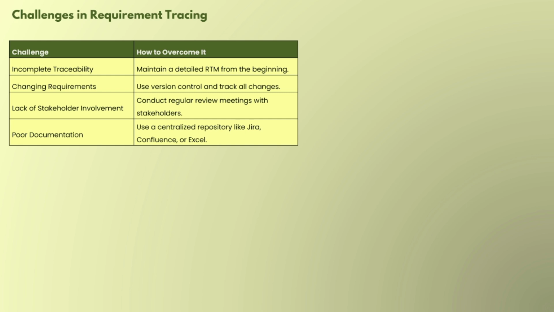So we need to conduct regular review meetings with stakeholders, whether they are showing interest or not. The last is poor documentation. This is handled by a centralized repository like Jira, Confluence, and Excel. We can store all the documents in one place and give access to all important persons and stakeholders involved in the project.